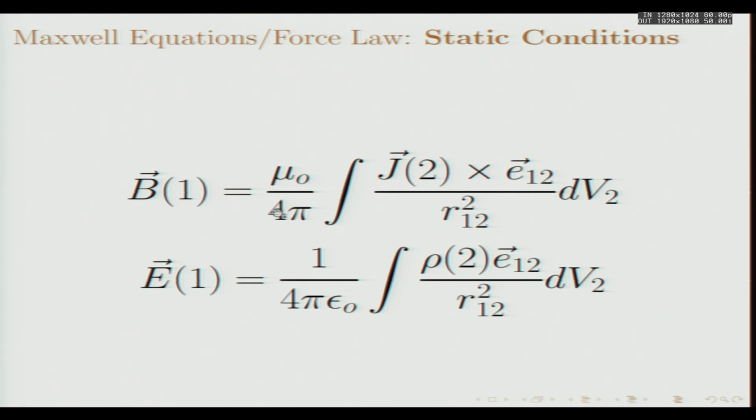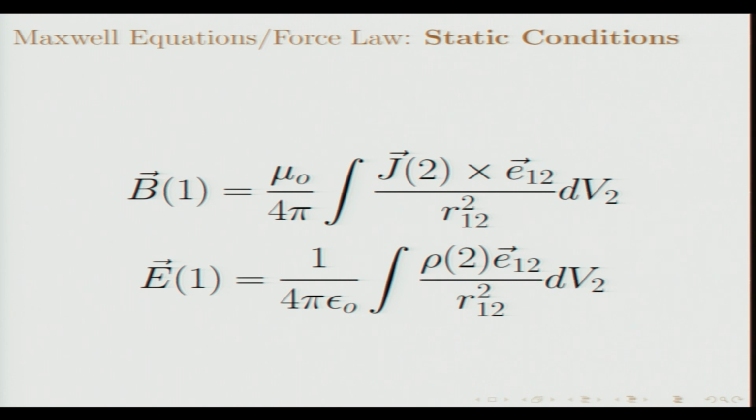So, this is essentially the law of Biot-Savart, and similarly E can be obtained. E is equal to 1 by 4 pi epsilon naught times the charge density integrated over the place where the charge exists. If you have a point charge at point 2, then this integral is nothing but Q2 divided by R12 square, into E12 bar.